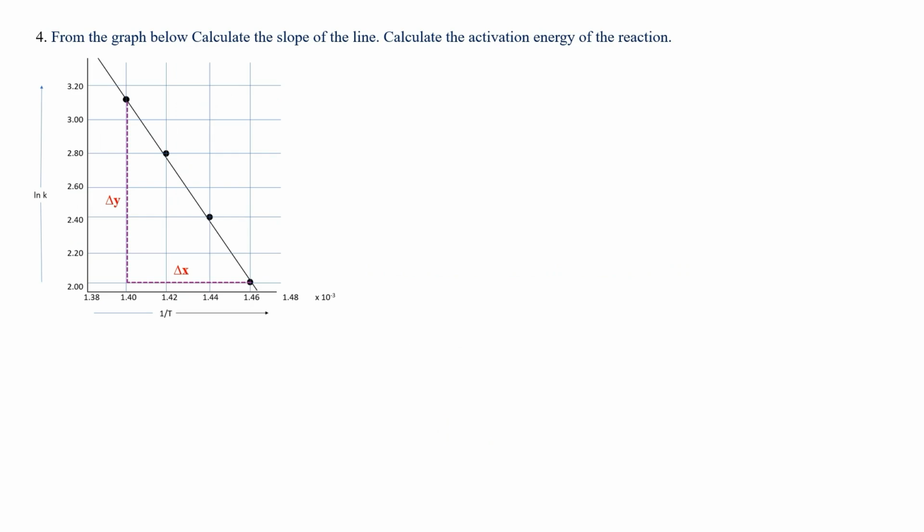Last question. From the graph below, calculate the slope of the line. And then part 2 is to calculate the activation energy of the reaction. This is based on the Arrhenius equation. Arrhenius equation is ln k is equal to ln A minus Ea over RT. Rearrange this equation to get the linear equation.